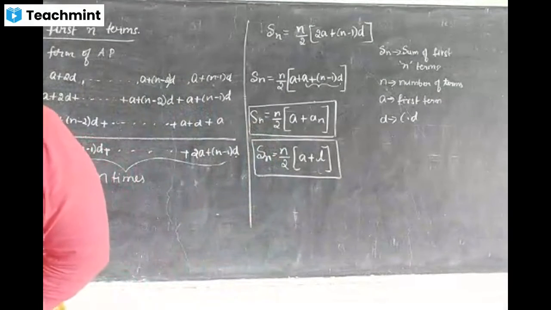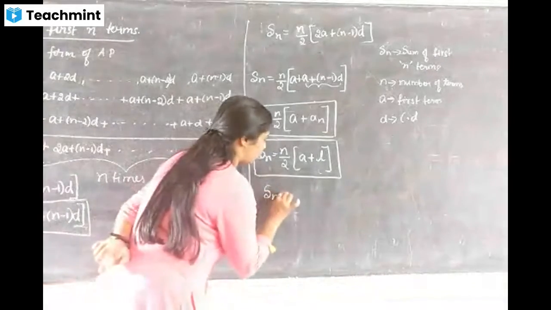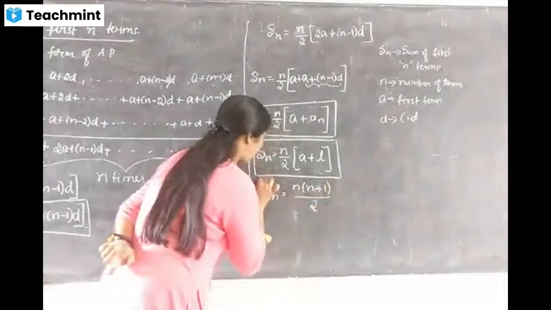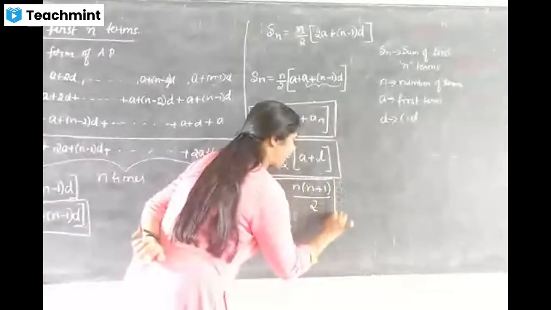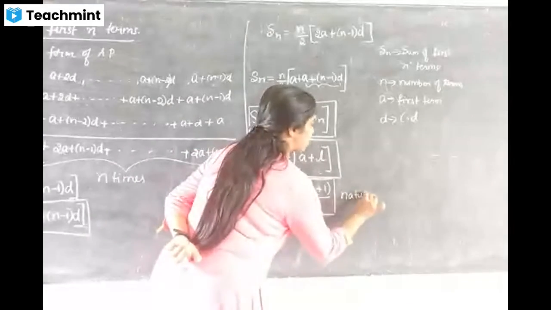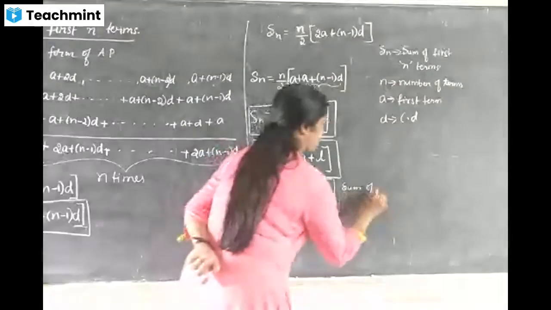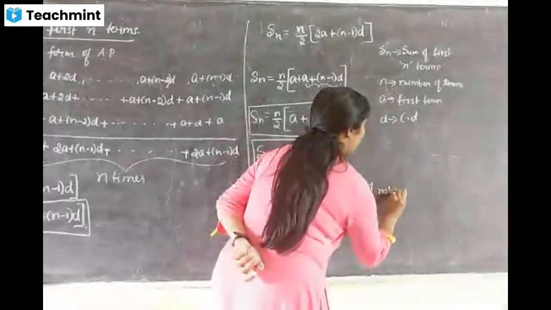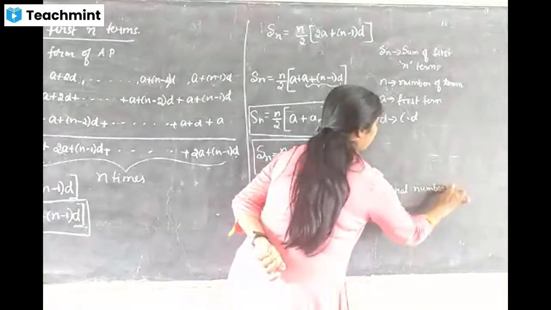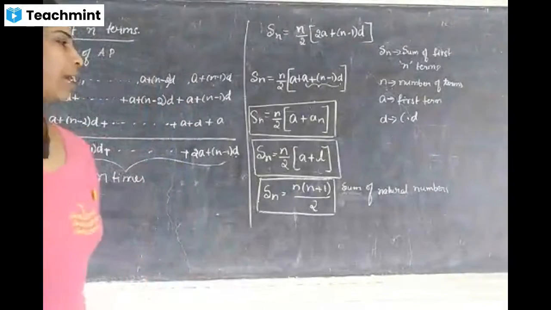Now in Sn, one more formula will come. Sn is equal to n into n plus 1 divided by 2. This formula is only suitable for the sum of natural numbers.